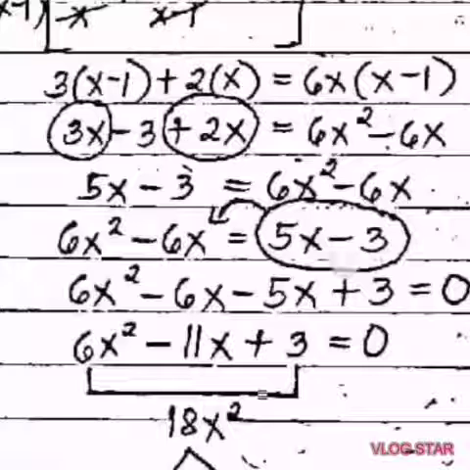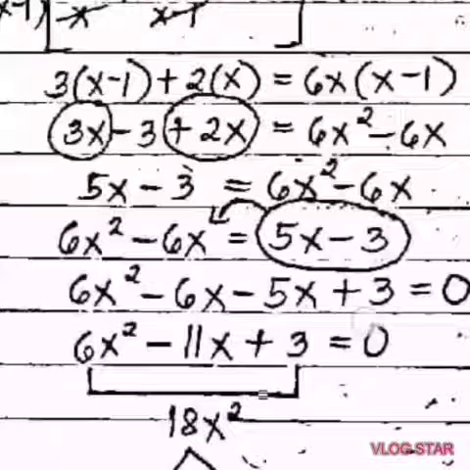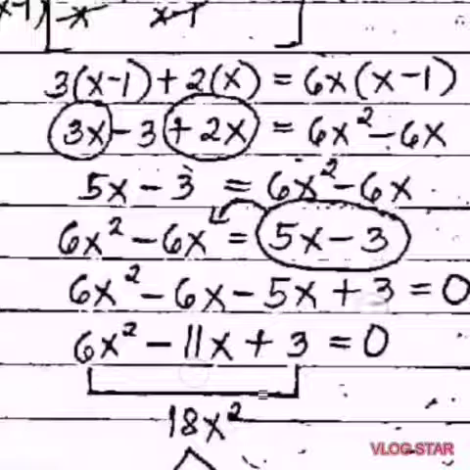And then we will transpose 5x minus 3 to the other side. Okay, if we transpose, we will change the sign of 5x into negative 5x, the sign of negative 3 into positive 3. So, by combining the like terms, negative 6x minus 5x is negative 11x. Bring down positive 3 and bring down 6x squared.